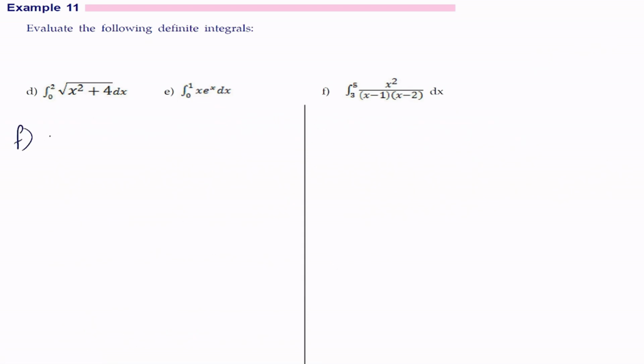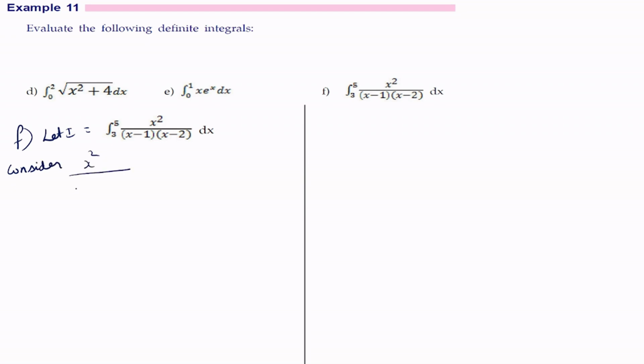Next subdivision, the f part. Let us take I equal to integral 3 to 5 x square upon x minus 1 into x minus 2 dx. So here we can see that it is an improper rational function. So let us make it a proper rational function.